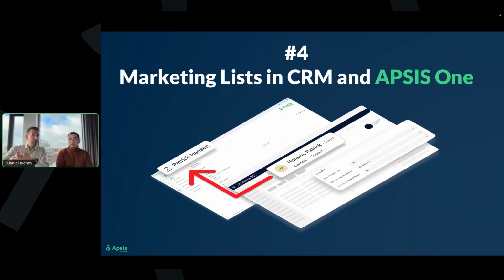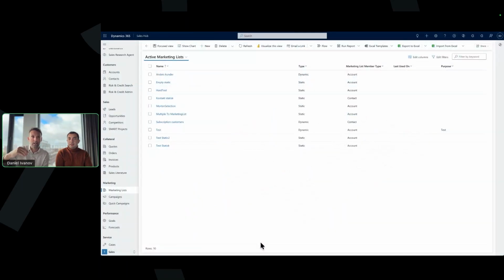You should be able to use that in Apsis One as well. Absolutely. We've added the feature to use the marketing lists from CRM and have them transferred into Apsis One.